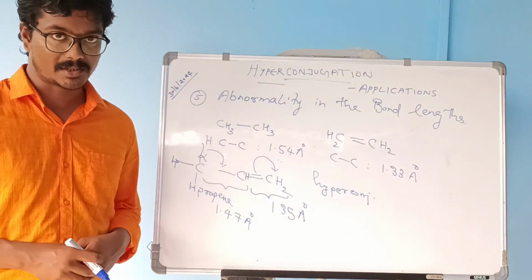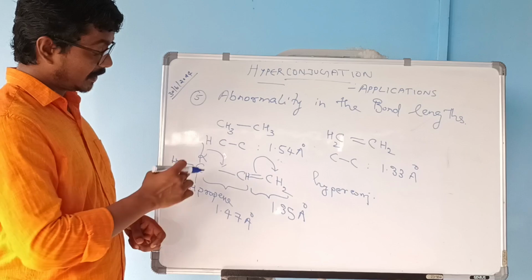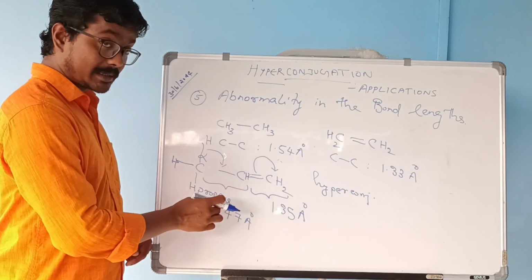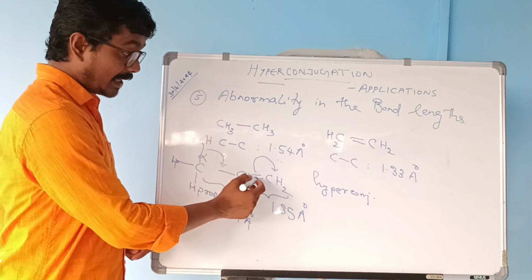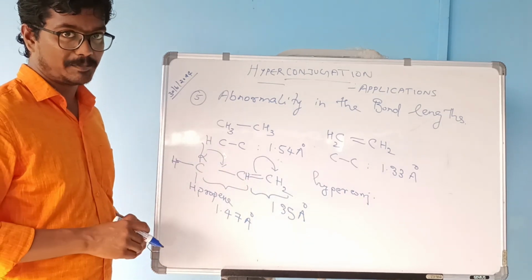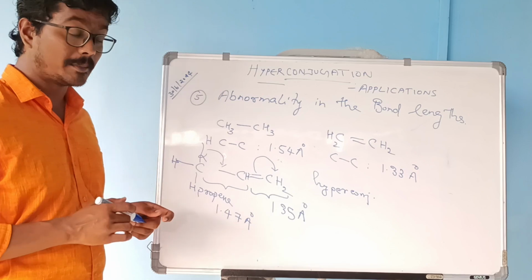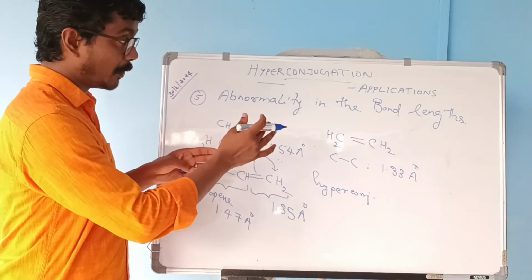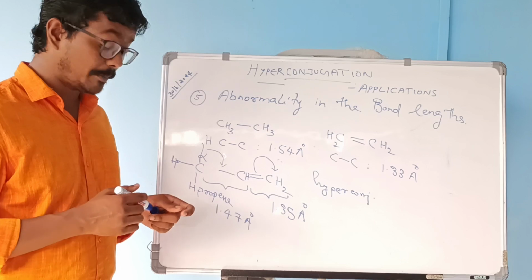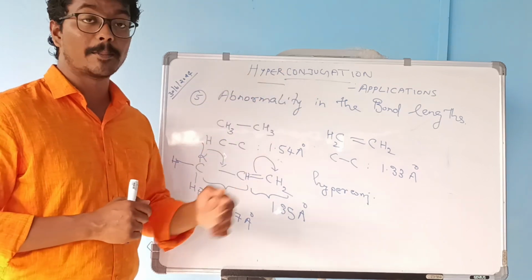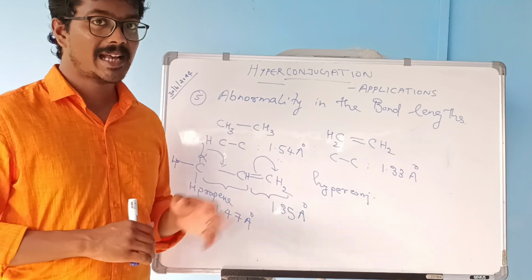As a result, the carbon-carbon single bond length decreases in propene and the carbon-carbon double bond length increases in propene. Okay, this is the example, and we can find these kinds of bond length abnormalities experimentally, and we can utilize the concept of hyperconjugation to explain this abnormality in bond lengths.